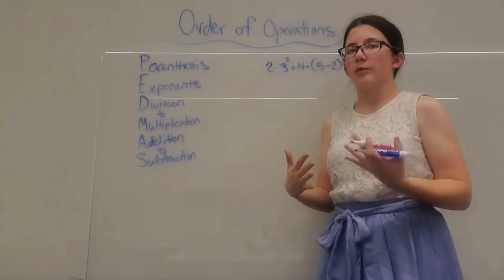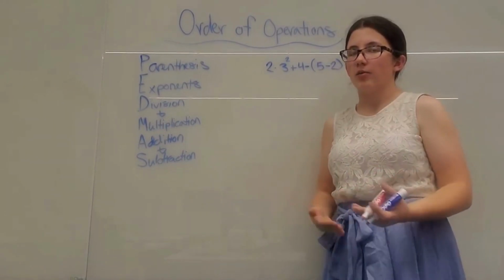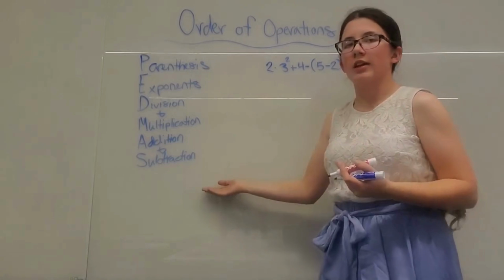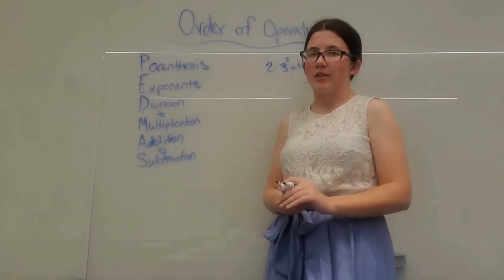Now the reason why this is important is because if it's not in the right order, as you can see from earlier, it's not going to be right. So by doing it in this order, we're going to get the correct answer.